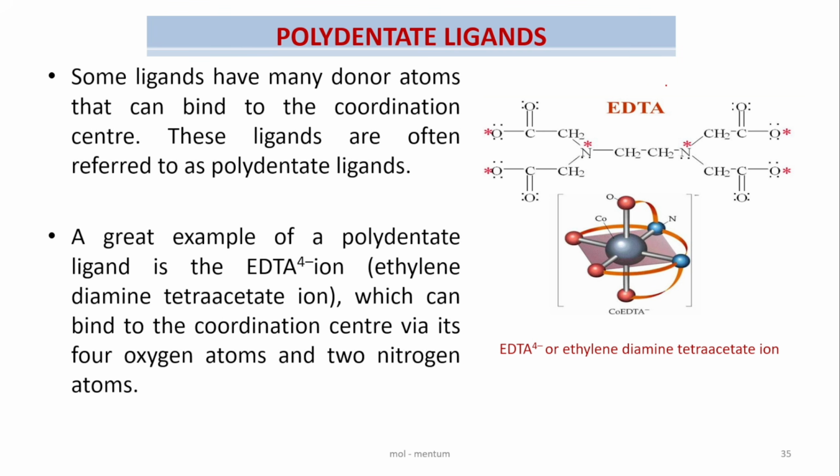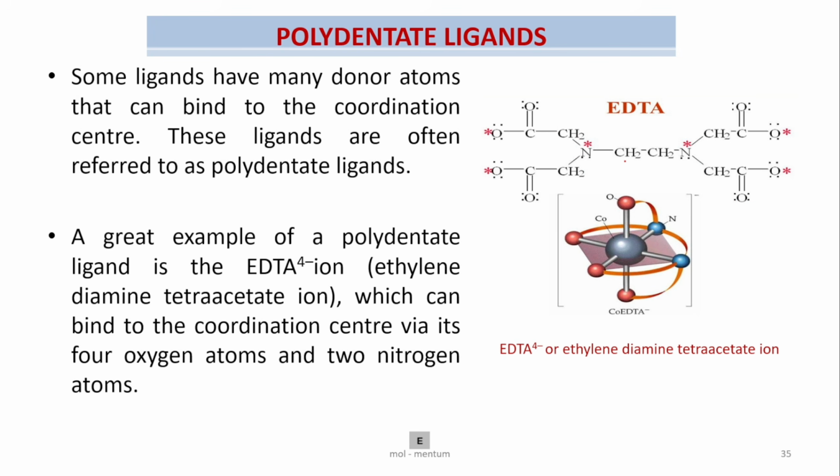Polydentate, a very famous example is EDTA, ethylene diamine tetraacetate. You can see this CH2 means ethylene, then we have diamine, one nitrogen, then tetraacetate. CH2COO one group, two group, three group, four group.